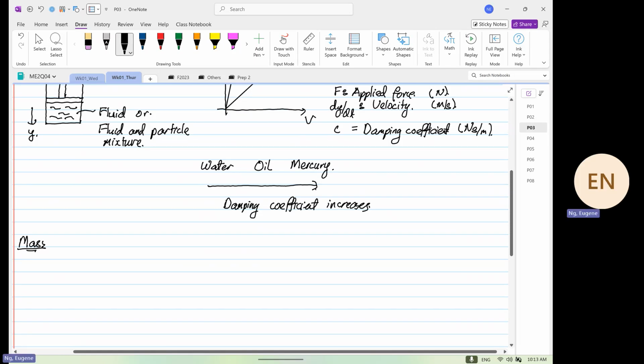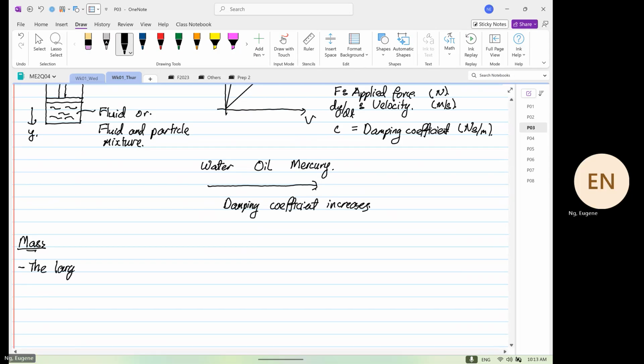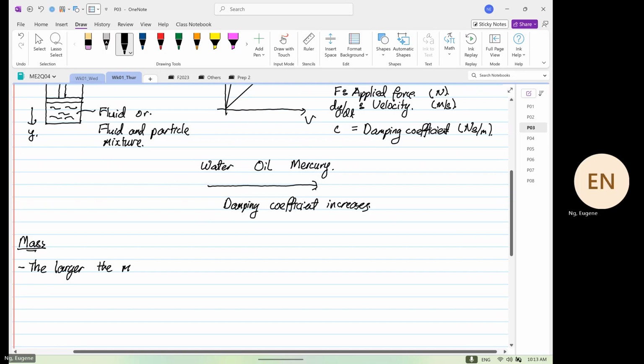So the bigger the mass, or the larger the mass, the higher force is required to achieve a certain magnitude of acceleration.